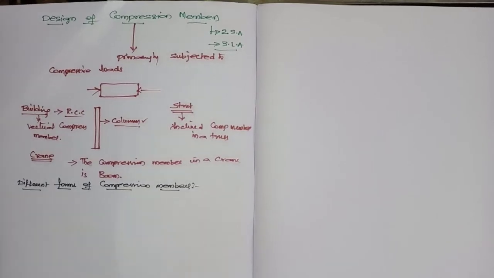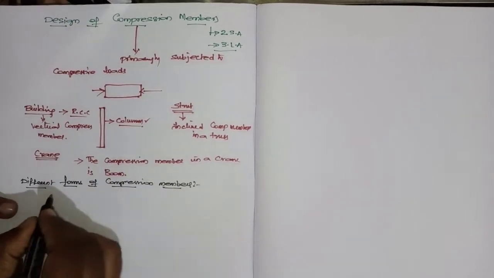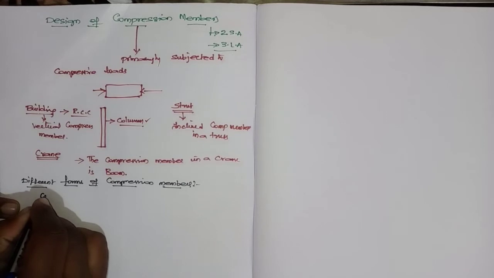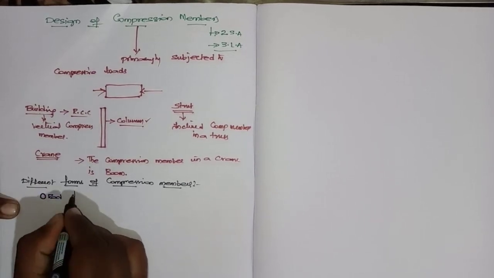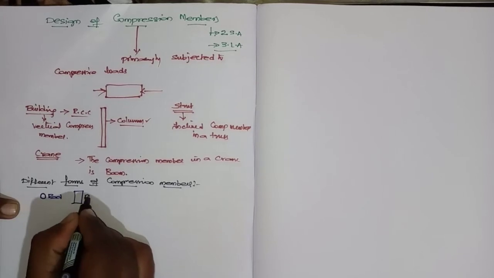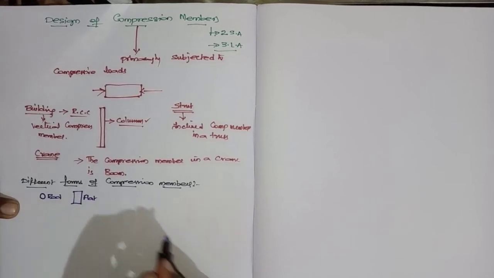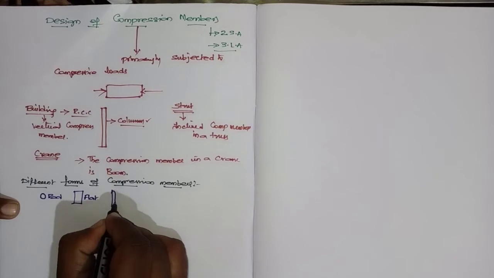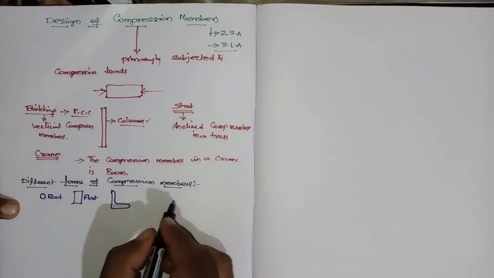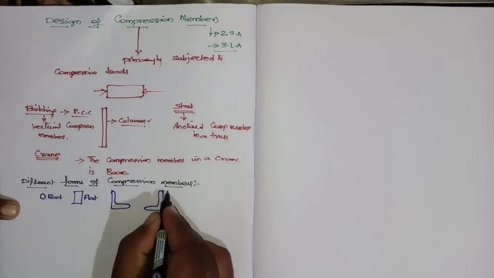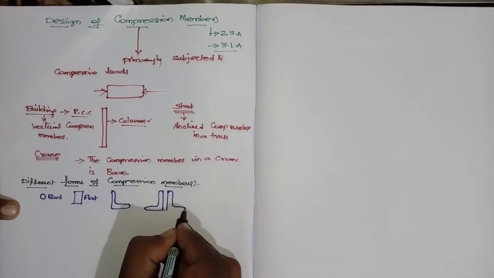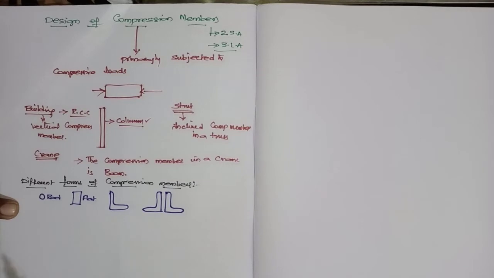A solid rod can be used as a compression member, a flat can be used as a compression member. Next, a single angle section can be used, and a double angle section can be used as a compression member.